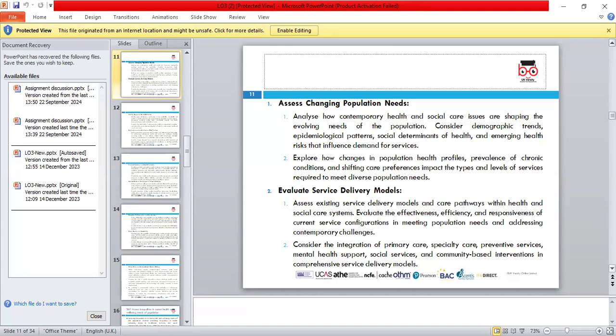Okay, do you understand it? What's your understanding? Assessing the population: you need to assess the population. Let's say you are assessing the population and seeing the number of people who have mental issues, like let's say dementia.